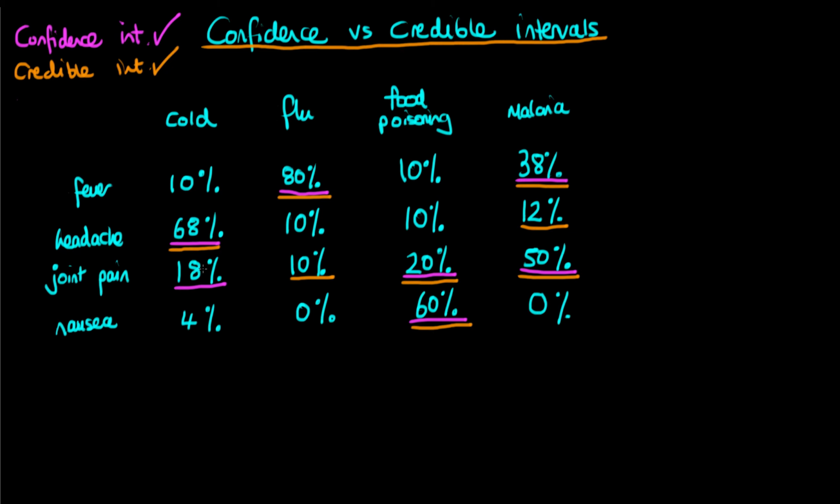In the case of confidence intervals, we would say that that individual could have a cold, whereas in the credible interval case, we say that that individual could also have flu. Finally, for the nausea case, we see that both intervals just say that that individual has food poisoning.